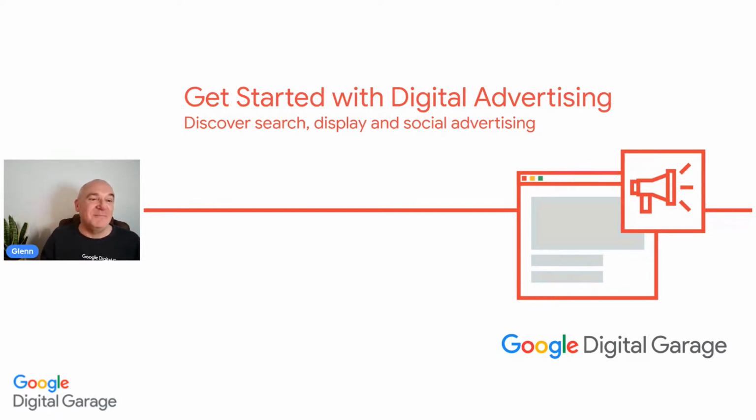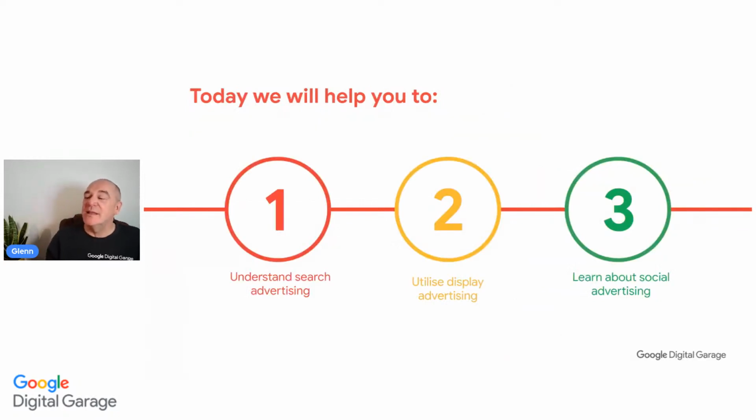All right, let's get on. In the session today, we're going to be looking at understanding search advertising in the first section, being there when your customers are searching for businesses like yours. Then in the second section, we'll be looking at display advertising, so increasing your visibility across relevant websites. And lastly, in the third section, we're going to be looking at social advertising, which is essentially engaging with your customers and potential customers.